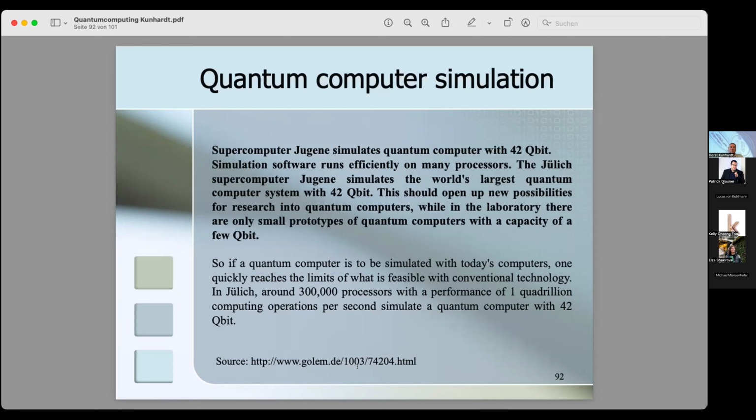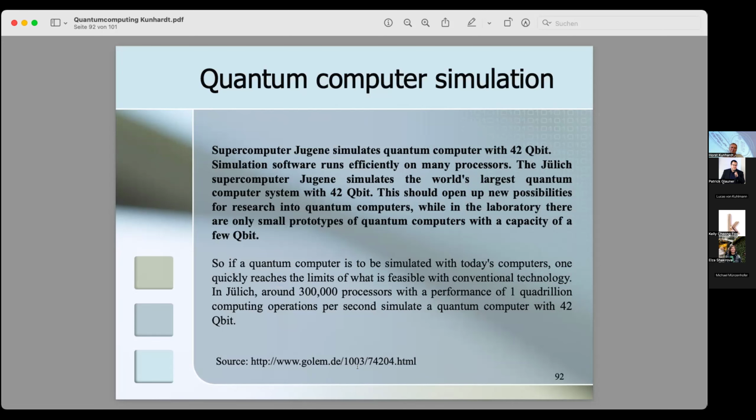So, quantum computer simulation: it's interesting how much supercomputer, classical computer power you need for simulating a quantum computer with 42 qubits. There is a really good article on that field.